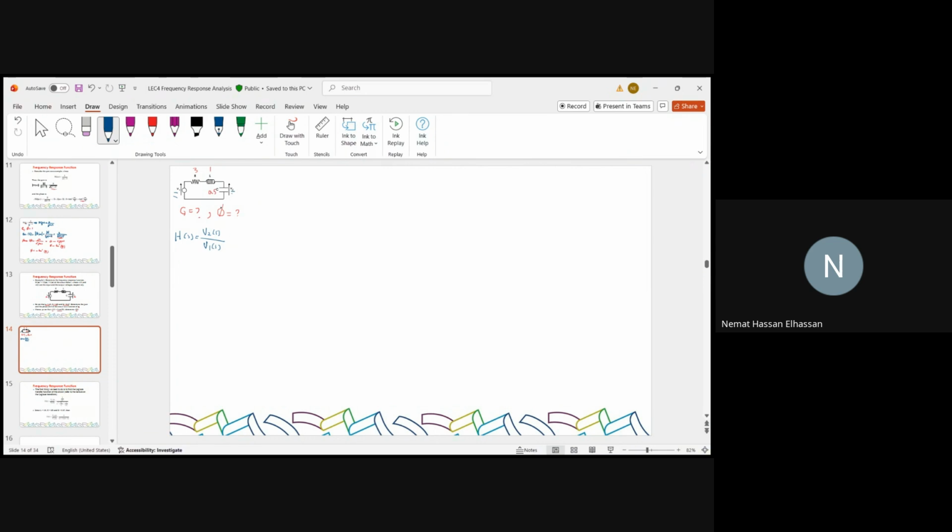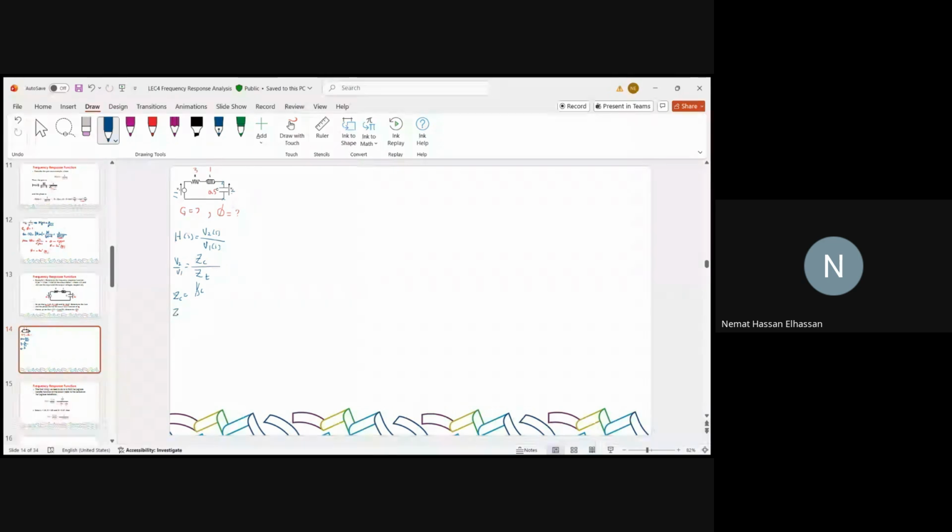So we're going to use the voltage divider rule, which we established last week, that V2 over V1 of s is equal to ZC over Z total, where ZC is the impedance of the capacitor, and Z total is the total impedance. We already know that ZC is equal to 1 over SC. These are things we've already done last week. I'm just repeating them to avoid any confusion. If you have any question, feel free to stop me.